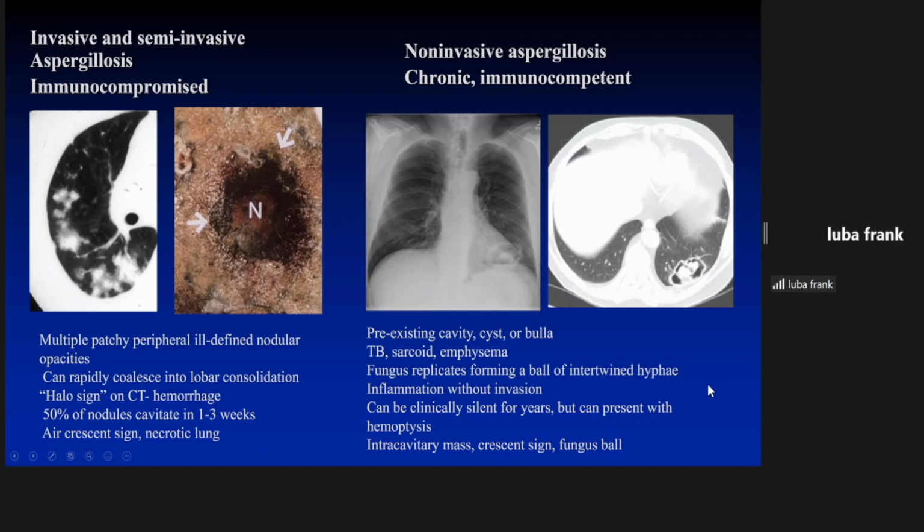The problem with this particular case, though, is that we expect these lesions to be in the upper lungs, in the apices. This particular one is in the lower lung. So we do not forget that that's how a necrotic or aggressive neoplasm can look as well. Cavitary cancerous neoplasms can look like this, especially when the location is atypical.